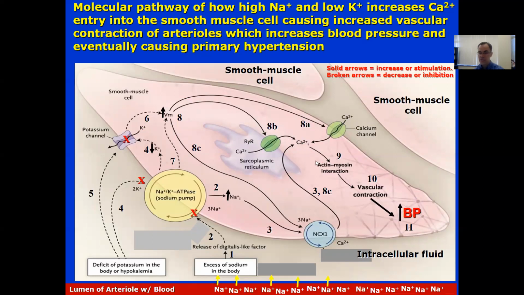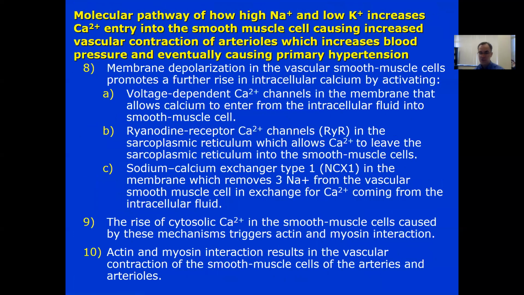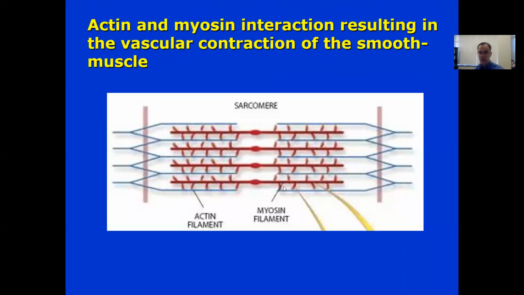So now that you have an increased amount of calcium inside the vascular smooth muscle cell, that's going to cause an increased amount of actin and myosin interaction. If you think back to your anatomy and physiology, actin and myosin interact via calcium. And here again is actin, the small blue, myosin is the red, and the idea is that calcium is going to cause them to come together.